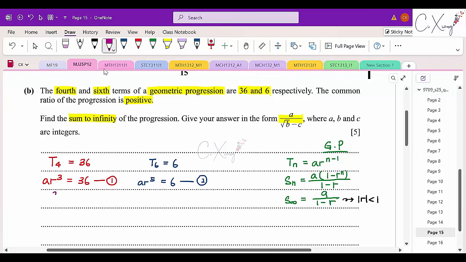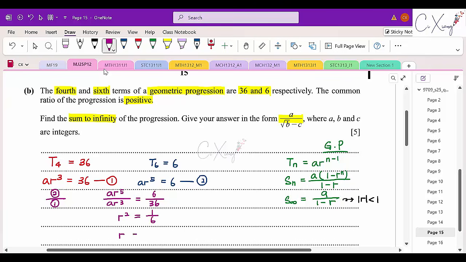What you can do now is you try to divide. I take equation number 2 divided by equation number 1. And the left hand side will become ar^5 divided by ar^3. Then the right hand side is 6 divided by 36. When you simplify, the left hand side is r squared, and the right hand side will be 1 over 6.